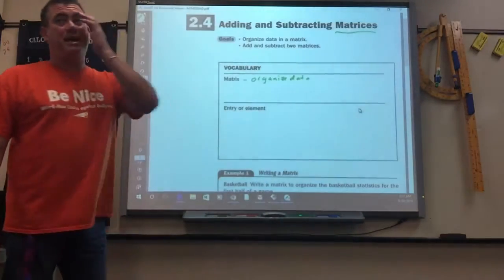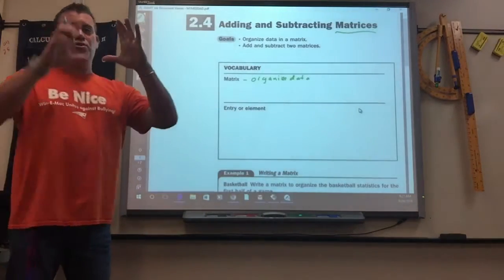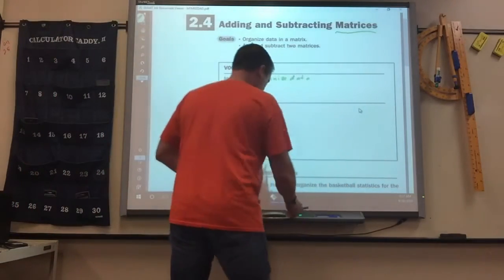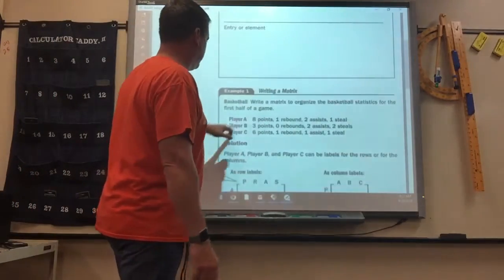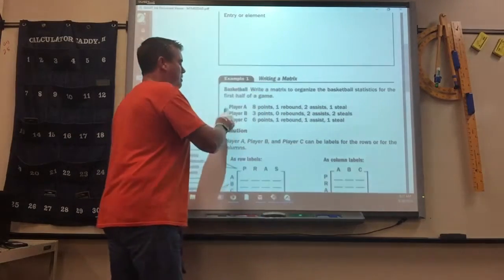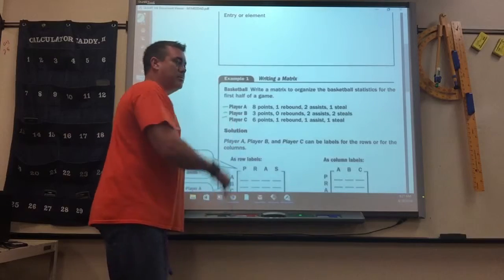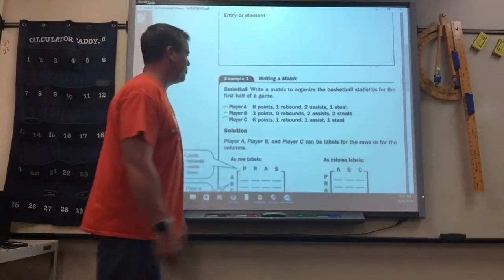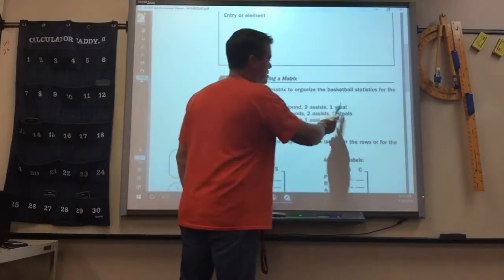When you make a matrix, they do use square brackets. I'm just going to slide down here to this example to show you. Here they've got 3 different players. Their basketball statistics for half of a game: 8 points, 1 rebound, 2 assists, 1 steal.